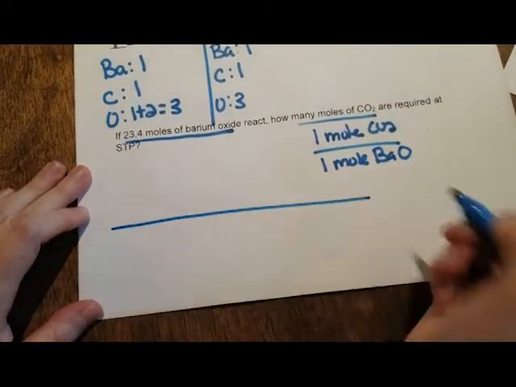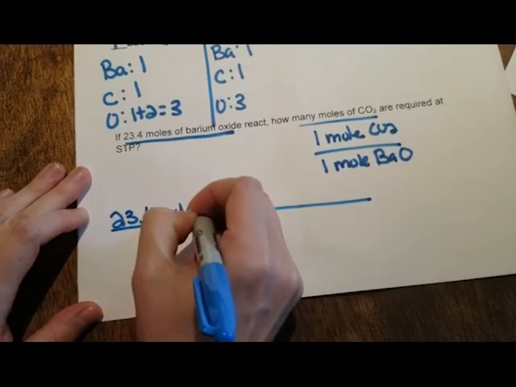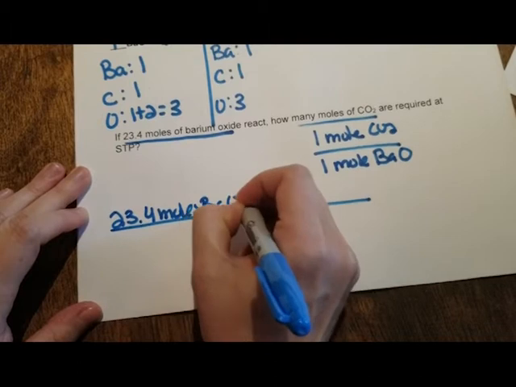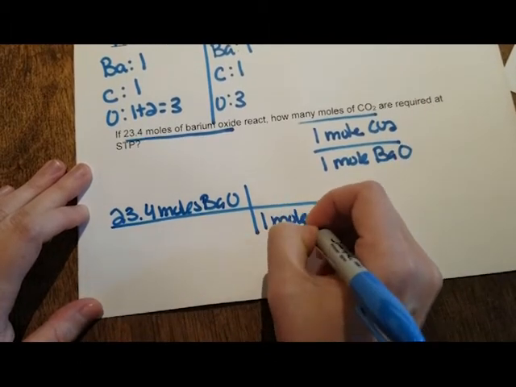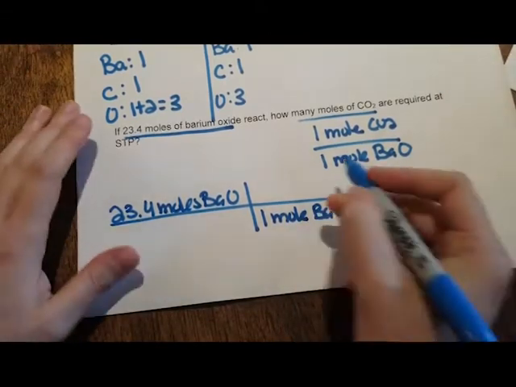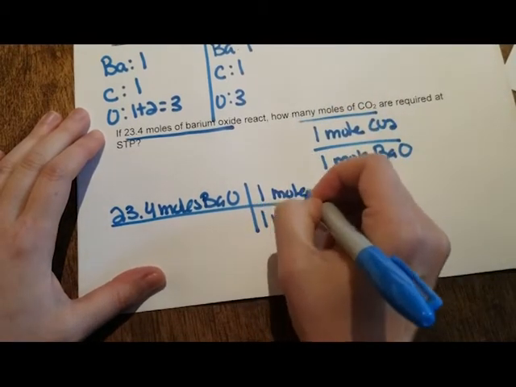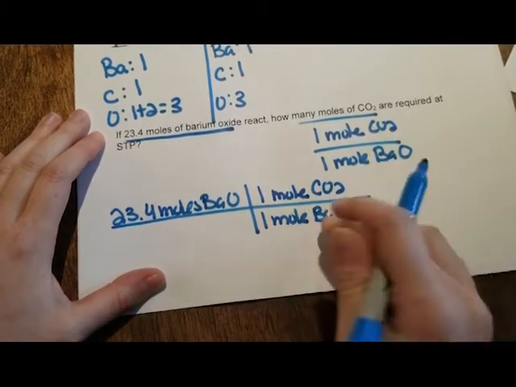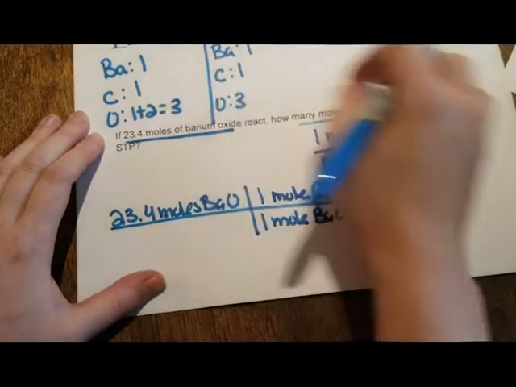So I'm going to go ahead and set up my train tracks. 23.4 moles of barium oxide. Again, I want to cancel out moles of barium oxide, so that's what goes on the bottom. If I wanted to cancel out moles of carbon dioxide, this conversion factor would be flipped upside down. So if you ever are asked the other direction, you would do the same thing.